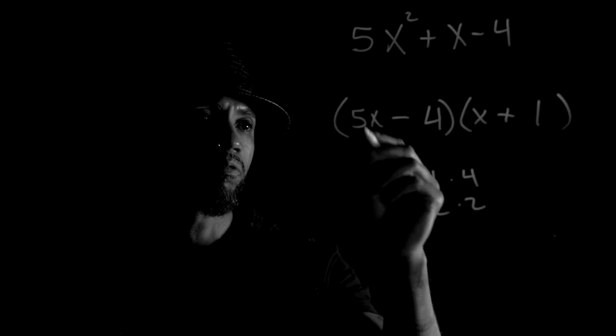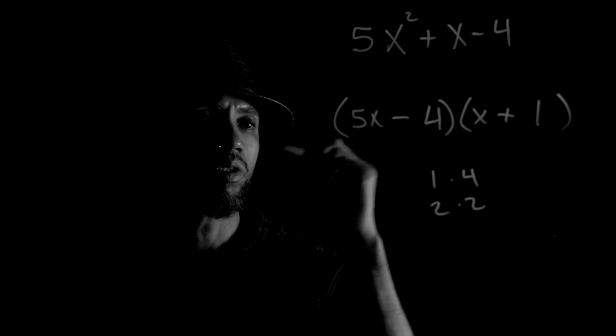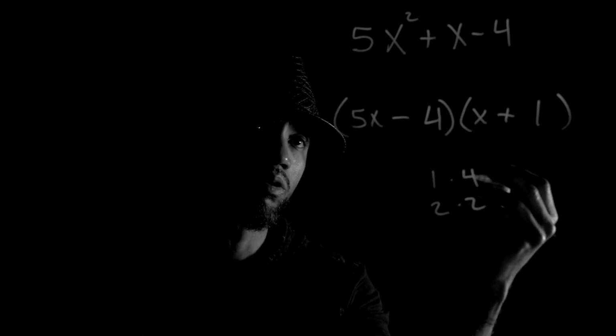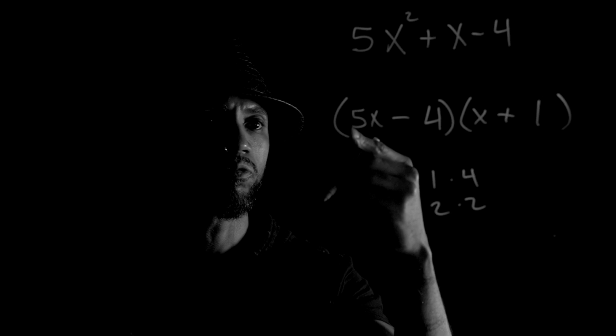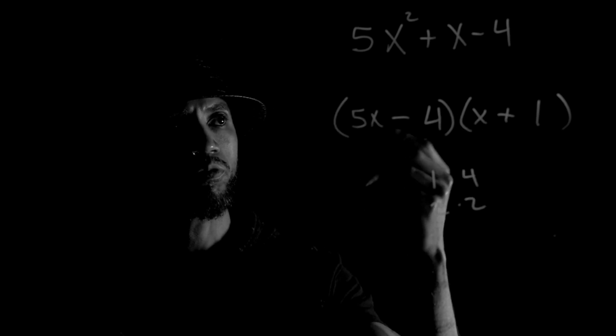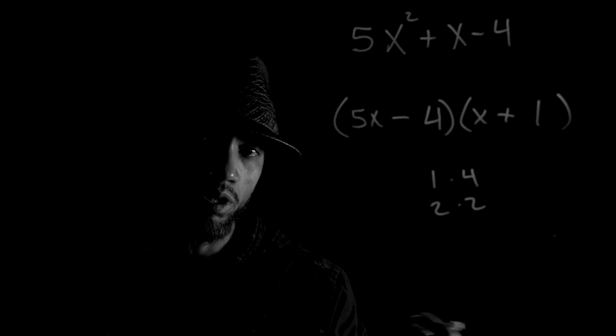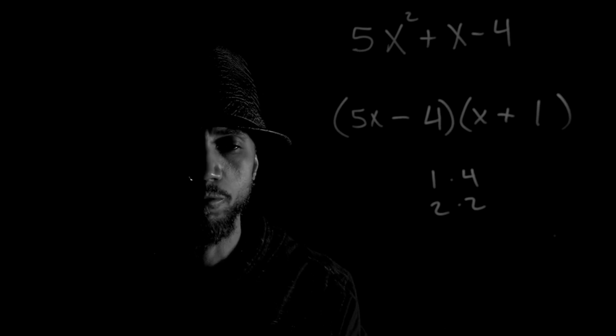Now, 5x minus 4x is 1x. That wasn't too bad. It takes a little bit of time sometimes, but essentially there's one way to get 5x squared, 5x times x. After that, only a couple ways to get 4 when you multiply, and we just mix and match them a few times and then we'll get there.